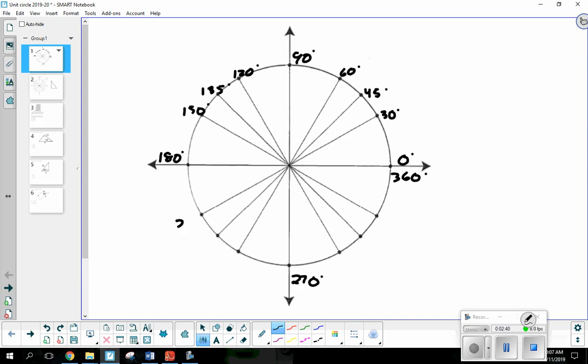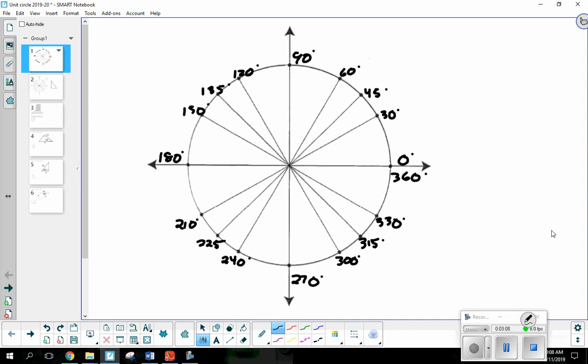Okay. 210, plus 15, 225, plus 15, 240, now plus 30, there's my 270, plus another 30, 300, plus 15, 315, and plus 15, 330, and then plus 30 gets me back to the axis where I have 360. Okay, so that's already 1/3 of the unit circle filled in.